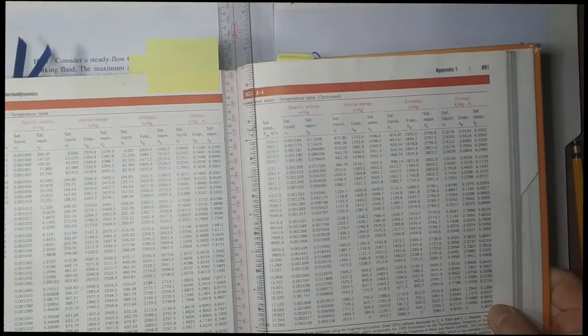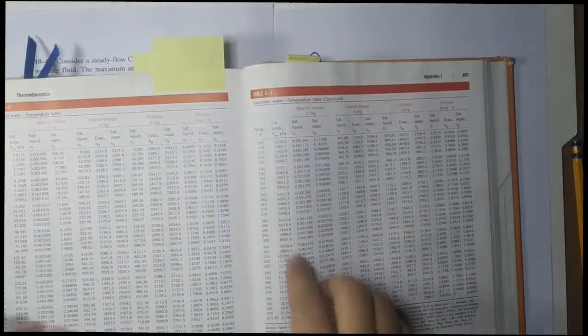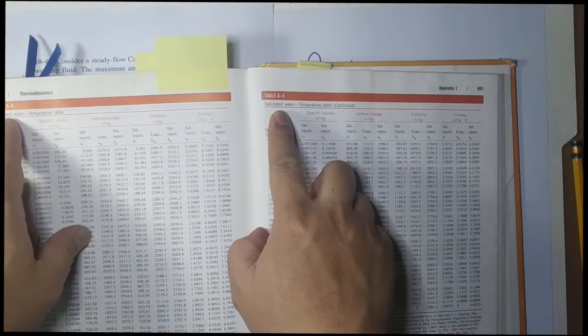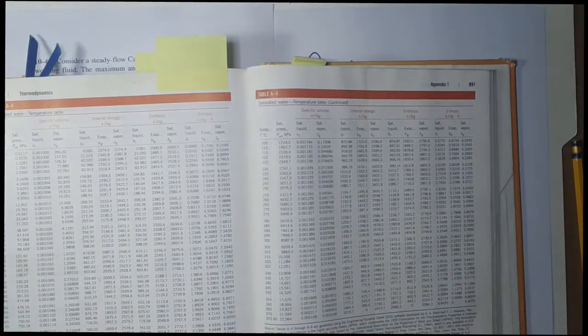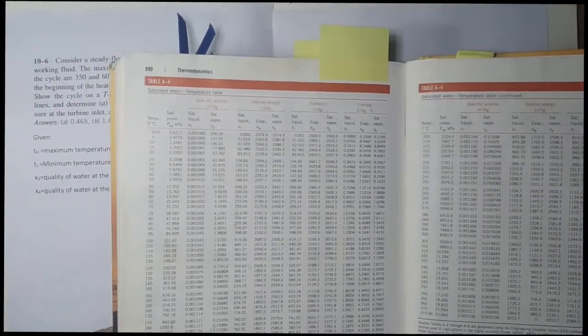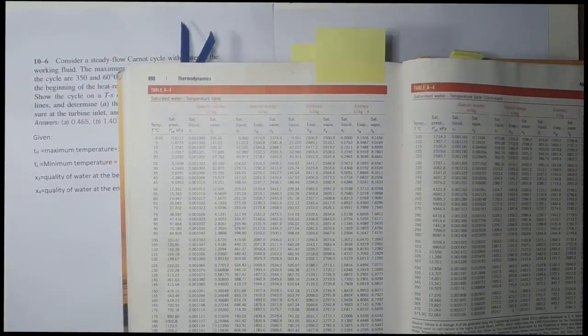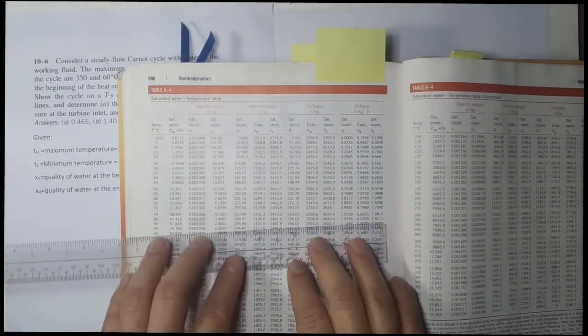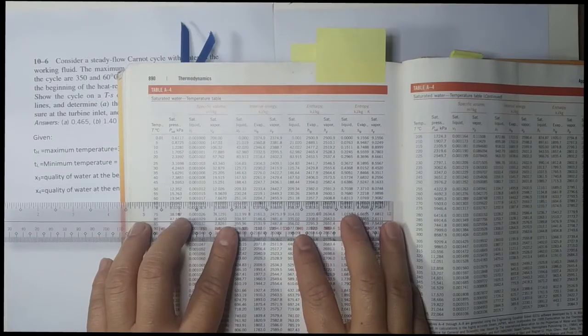Ito yung steam table natin. Okay? So, ito yung saturated. Okay? Tapos, hanapin mo yung 60 degrees Celsius. So, dapat gumamit ka ng ruler para hindi ka maduling.